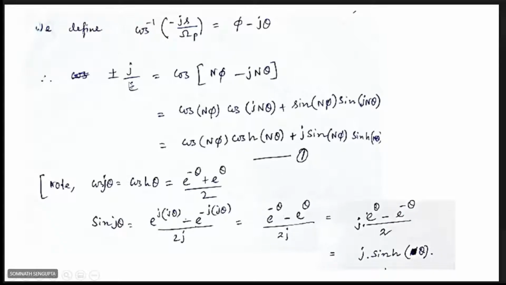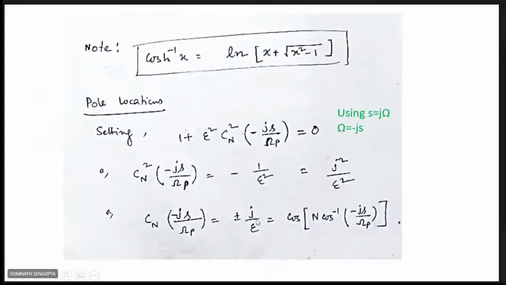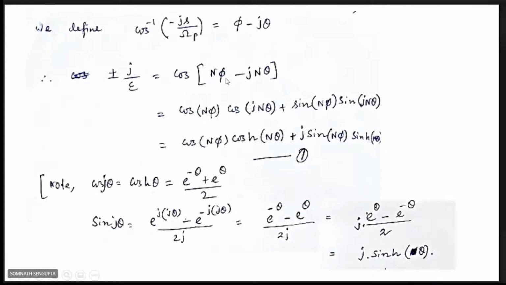So the equation plus minus j by epsilon actually now becomes cos of n phi minus j n theta, because it is cos of n into cos inverse of that term. Cos inverse we assume is phi minus j theta, so it is multiplied with n. Now again, using the formula for cos of a minus b, it is cos a cos b plus sin a sin b.